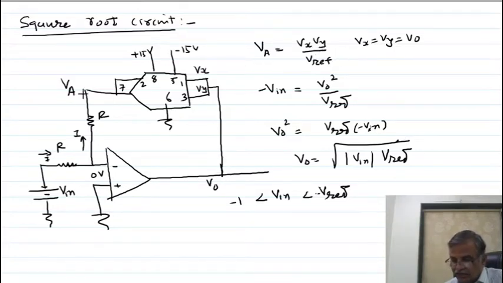VA is connected to the negative voltage, so I am writing here minus Vin. But once you want to take the square root, it should be written in magnitude form. That's why I am writing magnitude form. In this way you can find the square root of a given number, and this number should be less than the V reference voltage.